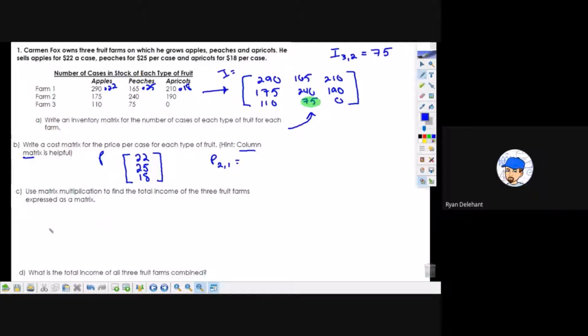So what this is saying is take your product matrix, or your inventory matrix, I'm sorry, that's what we called it. And we want to multiply this thing by the cost.